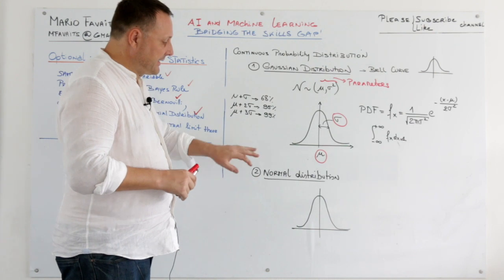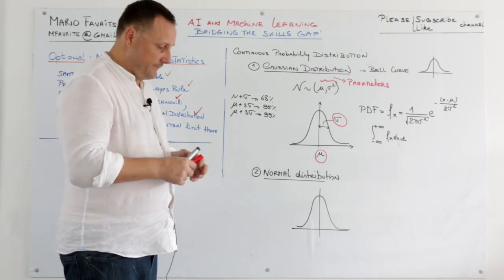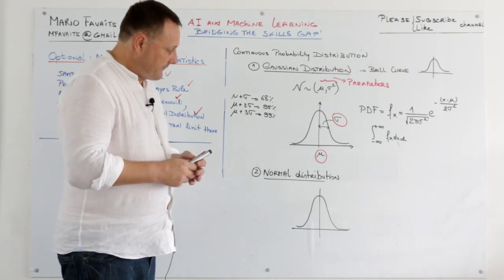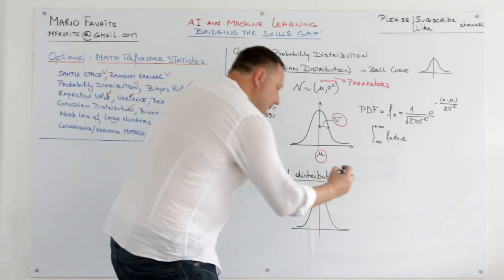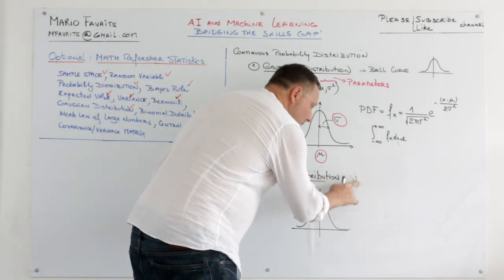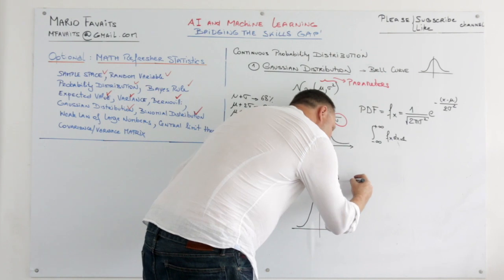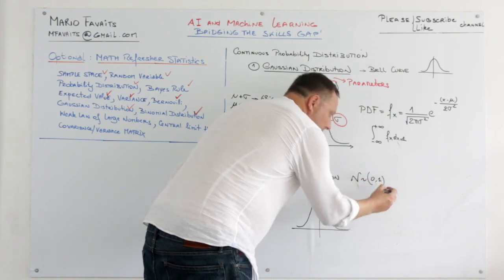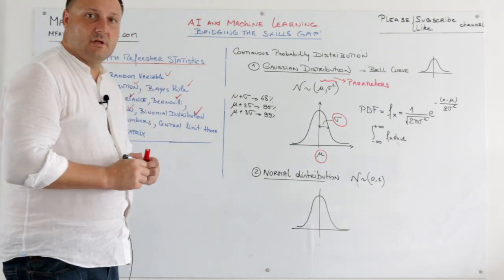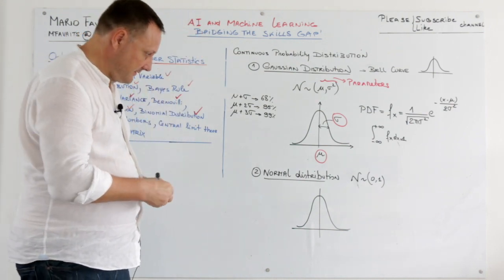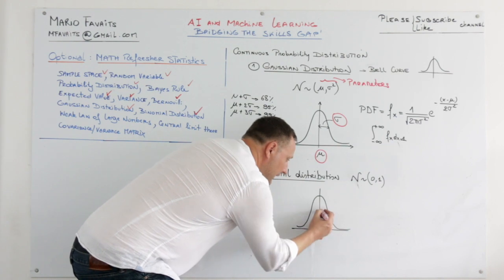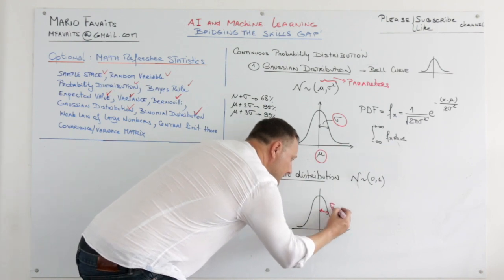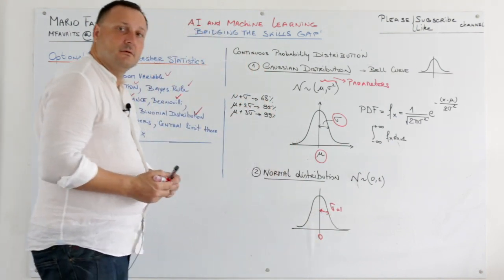There's one special case, which is the standard normal distribution. The way we note it is like this: mean 0 and sigma squared equal to 1. So the mean is 0 and the standard deviation is 1.